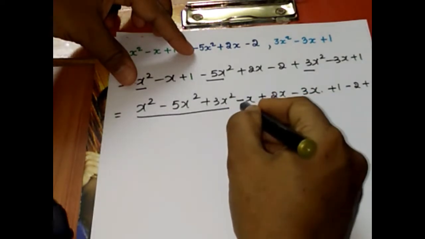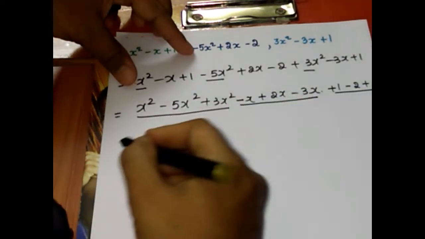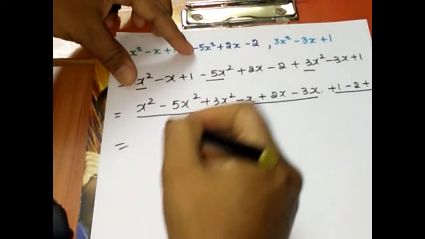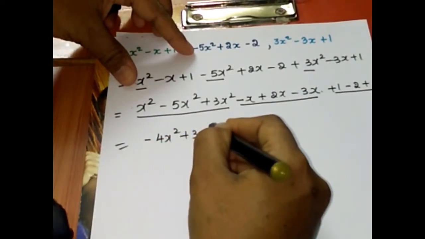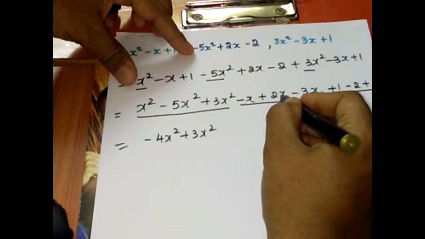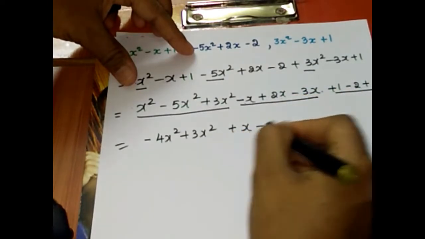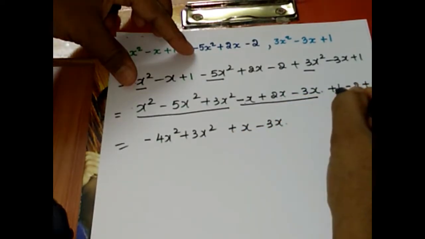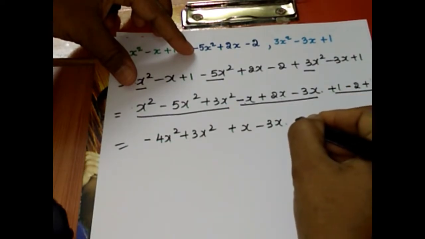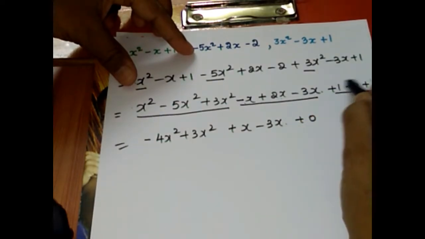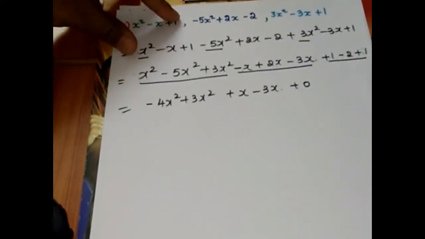Here 1 minus 5 is minus 4x square plus 3x square, minus 1 plus 2 is plus x minus 3x. 1 plus 1 is 2, 2 minus 2 is 0. Directly you can write here 0.